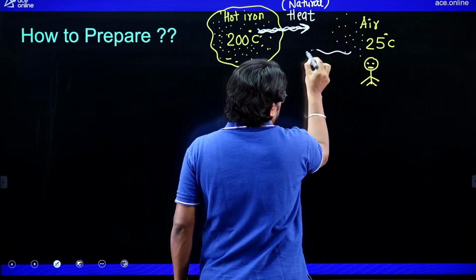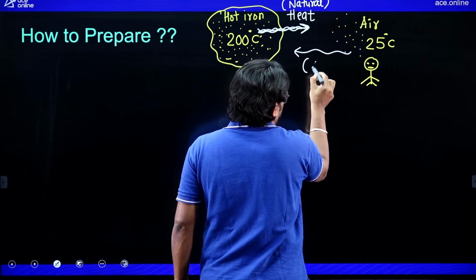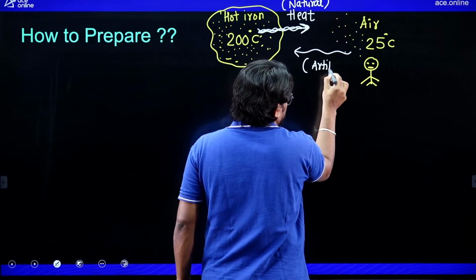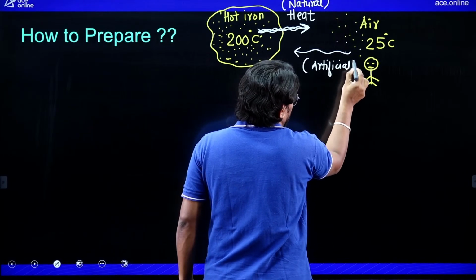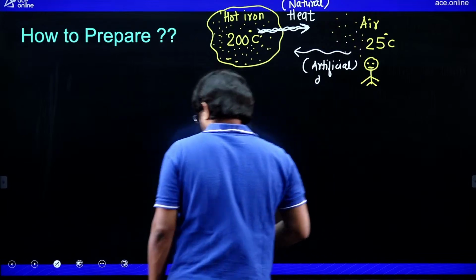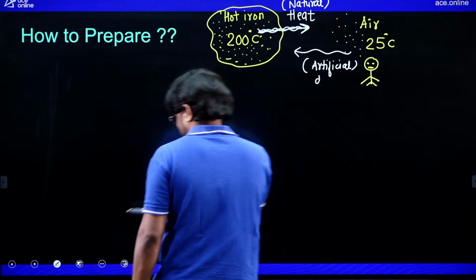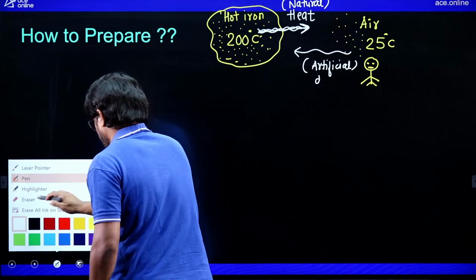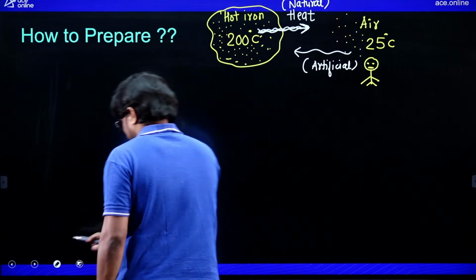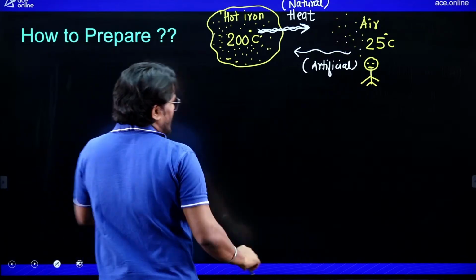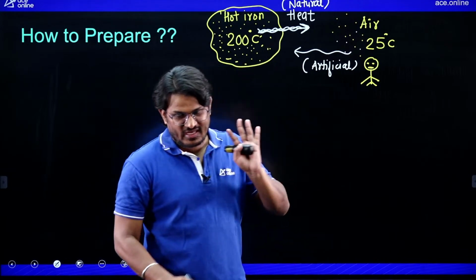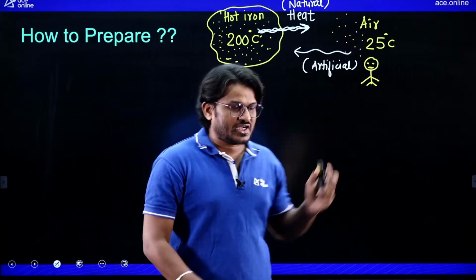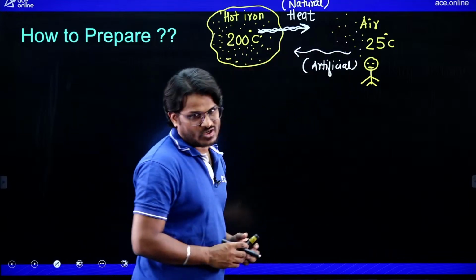Now if you want the heat to go from lower to higher, then this is an artificial direction. What I am trying to say is, naturally the energy will transfer from higher temperature to lower temperature.